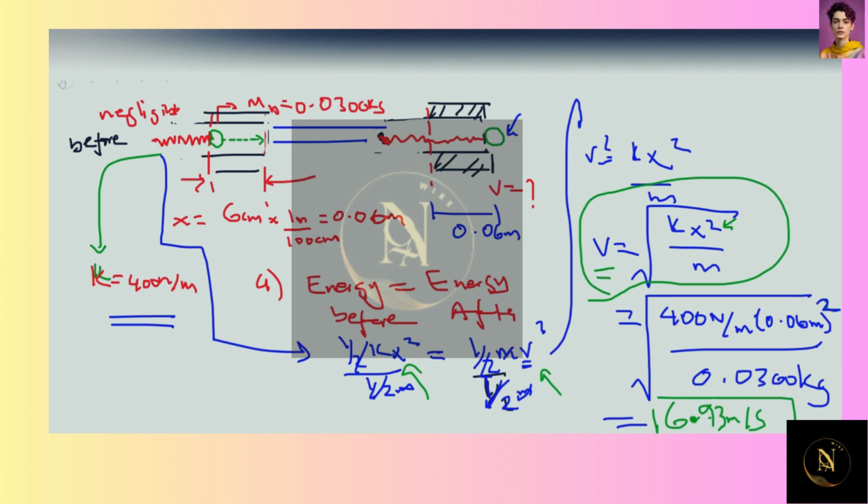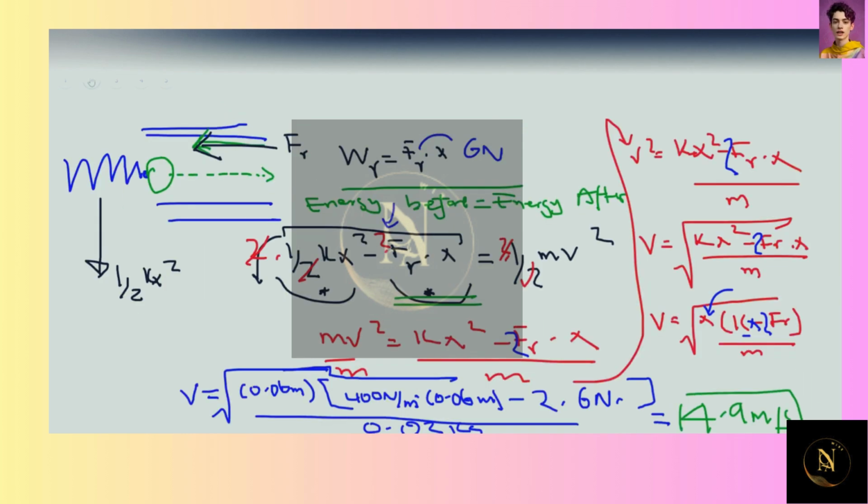So once again, a long problem involving a spring and a ball. The spring is pushing the ball outside the barrel. We want to find the velocity when the ball gets to the mouth of the barrel, which happens to be 6 centimeters. Using the law of conservation of energy, before is the same as after. On one side we have elastic potential energy, on the other side we have kinetic energy.